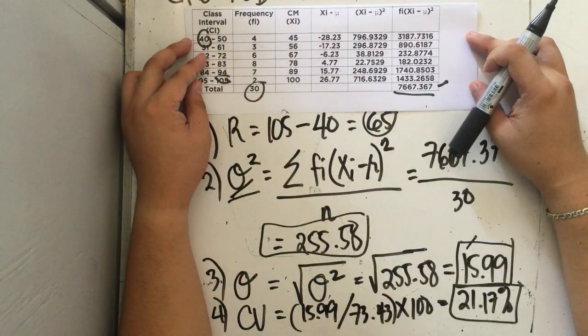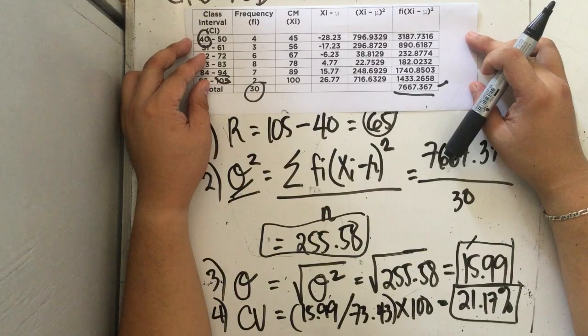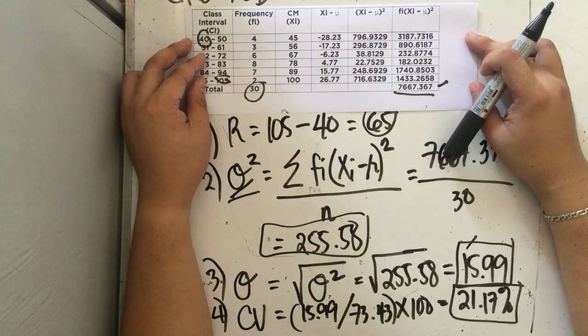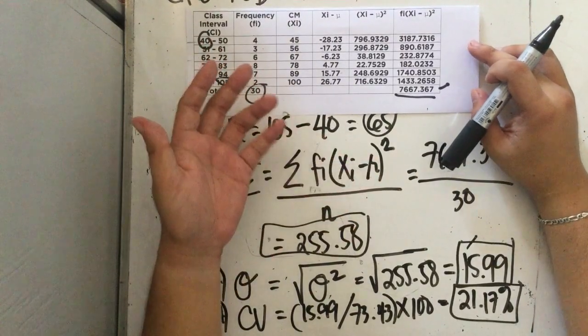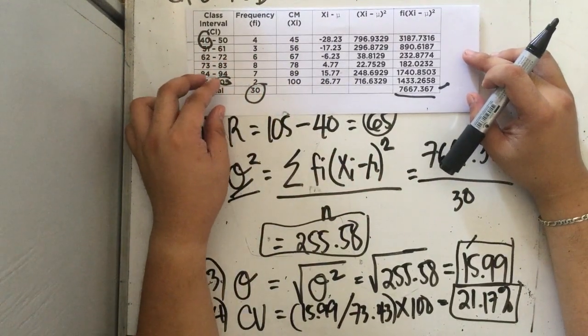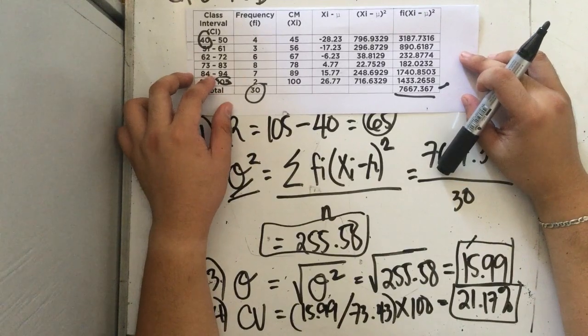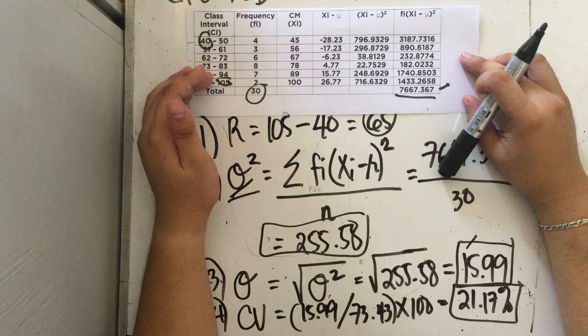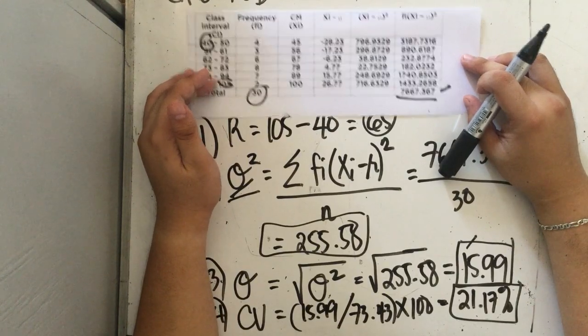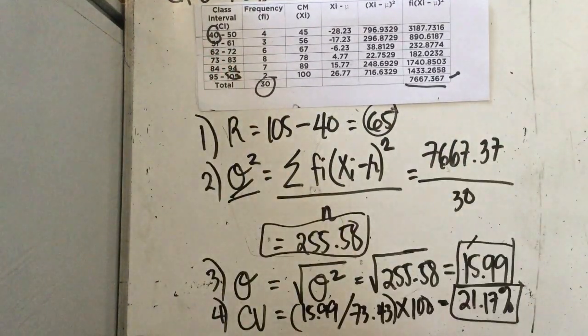So that's why we compute the measure of variability. And it is also important na malaman natin yung measure of variability because it is widely used by teachers, most importantly in checking the performance level of the students in terms of test results. Okay, so that is our measure of variability.